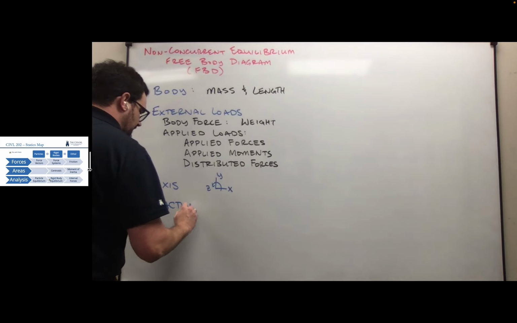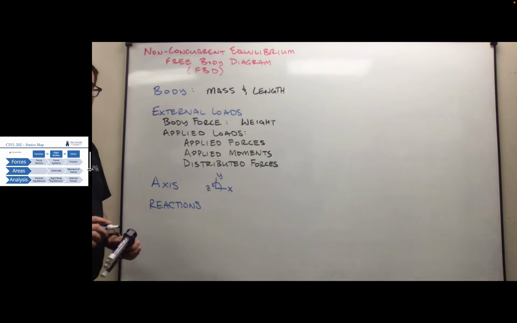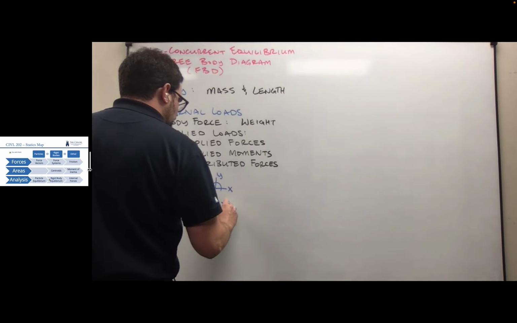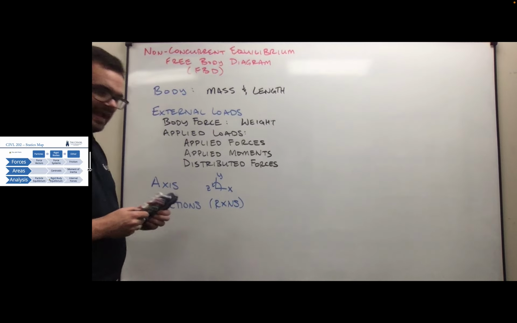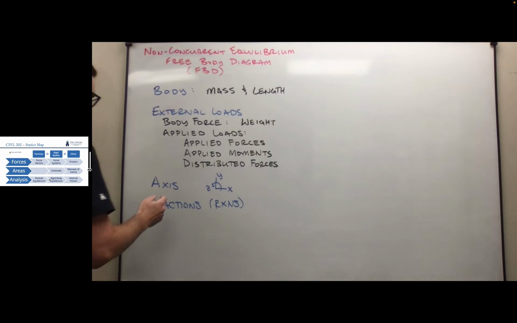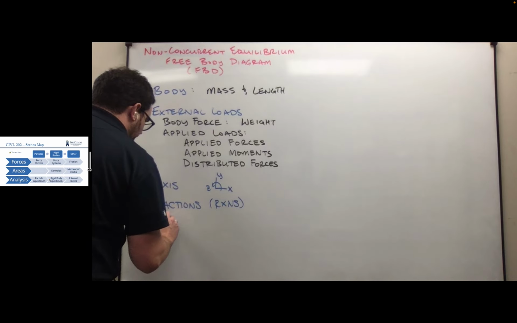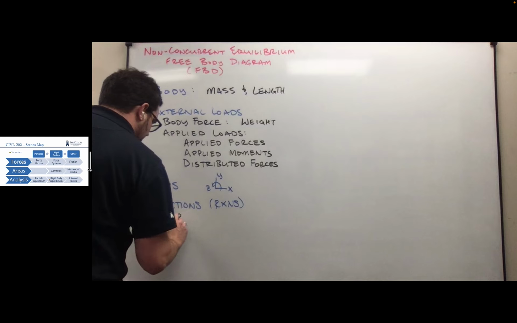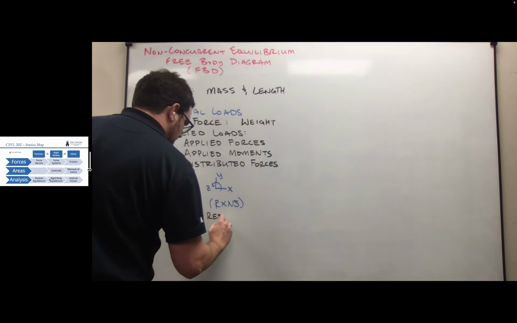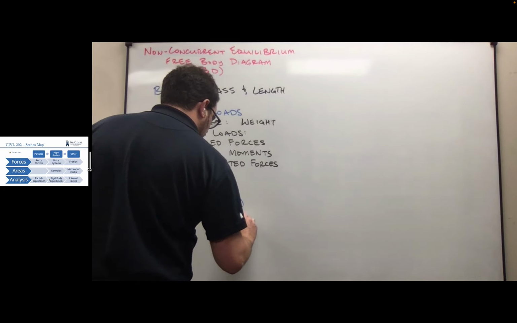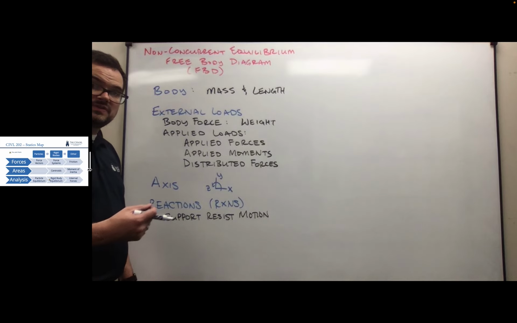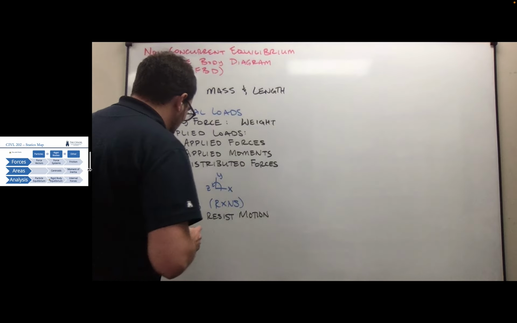And this is where free body diagrams start to get more exciting for us in 2D, because we have something new now. So previously, we said reactions are the forces where supports resist motion. And when we were doing 2D, that meant a force that was resisting motion, some sort of translation.